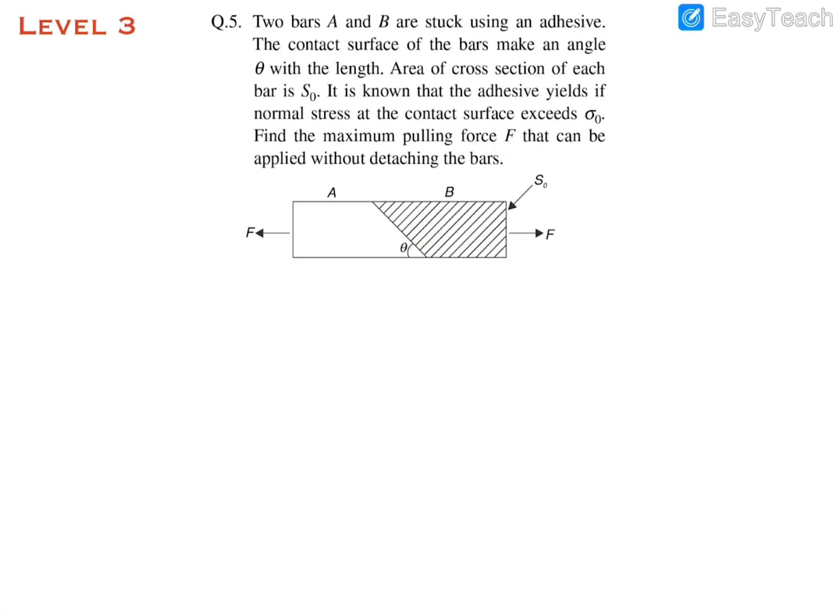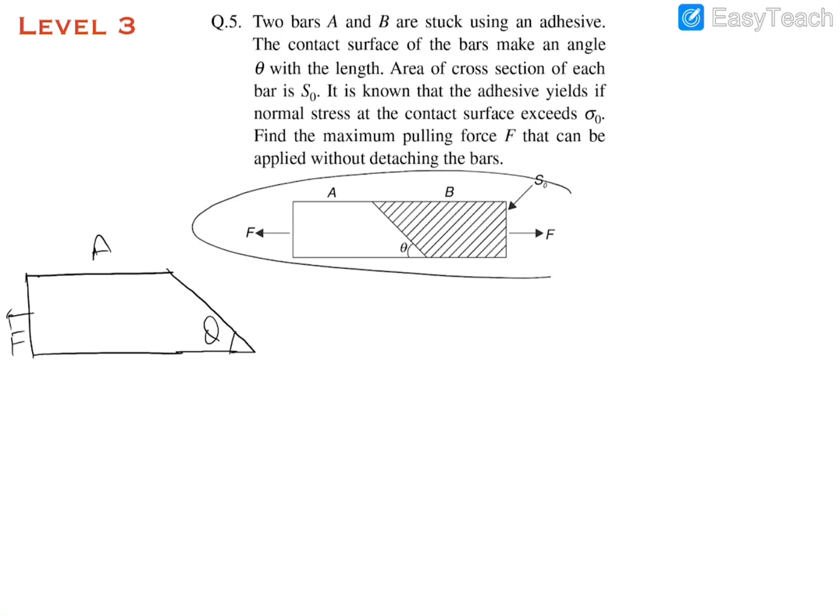So let us say that F is the maximum force, and in this case, if you draw the diagram of bar A, it would be like that, and this angle is theta. This system would always remain at rest, therefore the total force acting on the system would be 0, and the acceleration of each bar is 0.